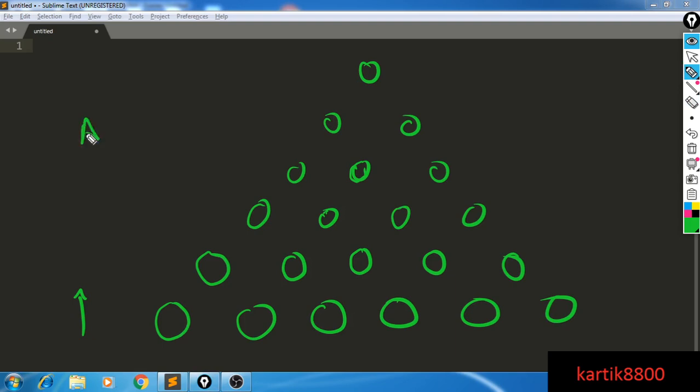A1 will appear some x1 times, so A1 XOR A1 XOR A1, until x1 times. This is a simple notation for that. And A2 will appear some x2 times, until the last element A6 appears x6 times, and these have to be XORed together to obtain the top of the triangle.